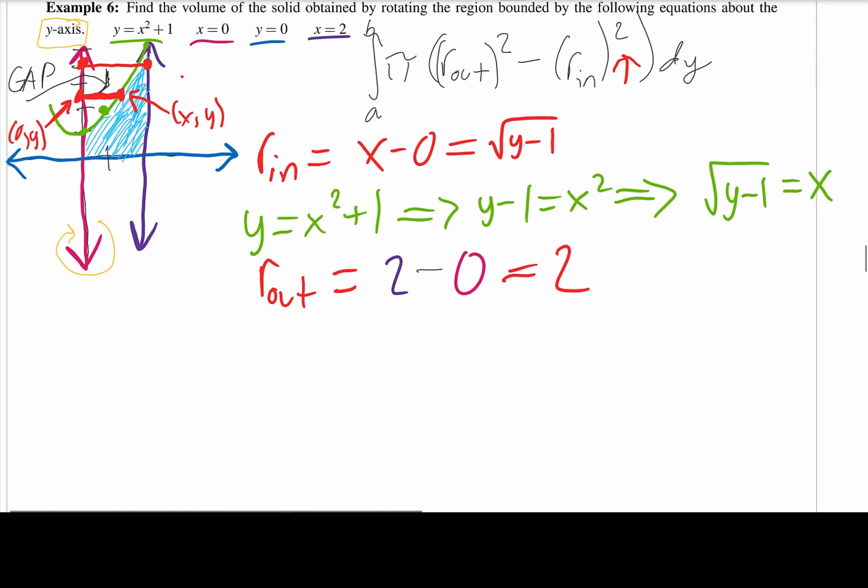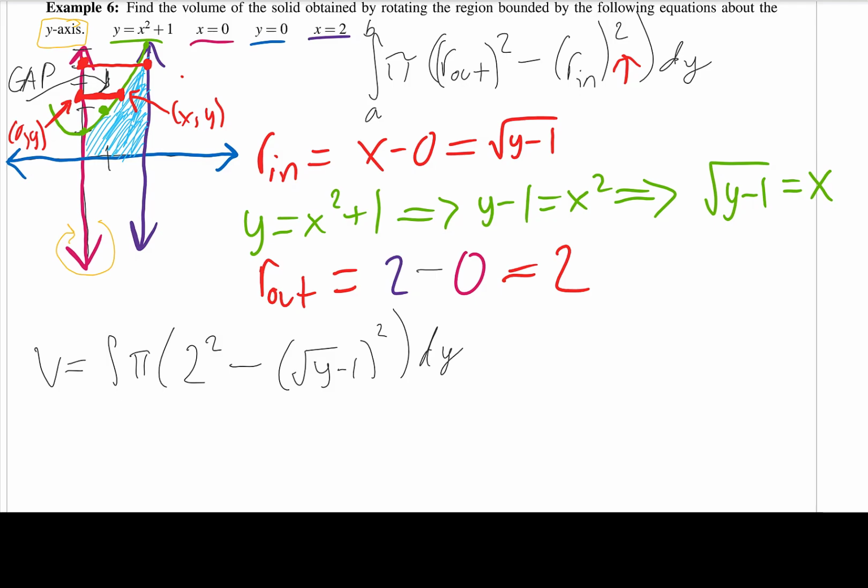So then our volume equals the integral from a to b of pi times r out squared. So this is going to be 2 squared minus r in squared, so the square root of y minus 1, squared, dy.